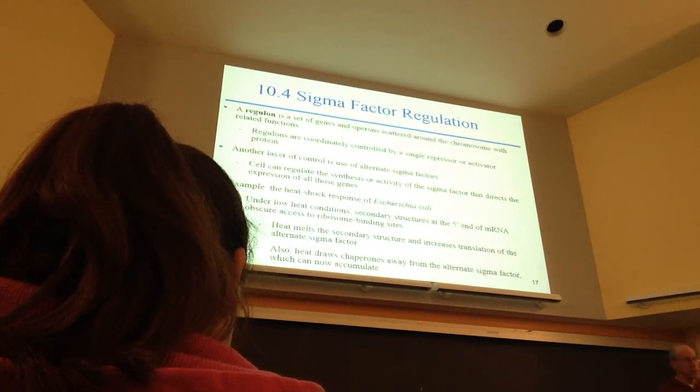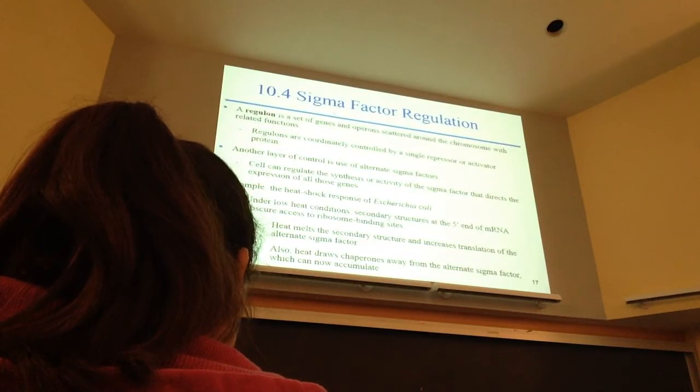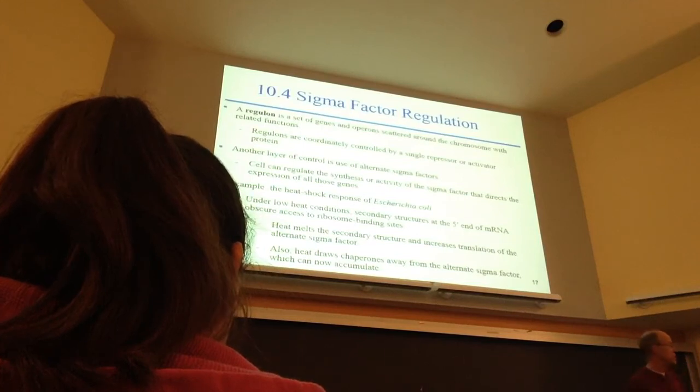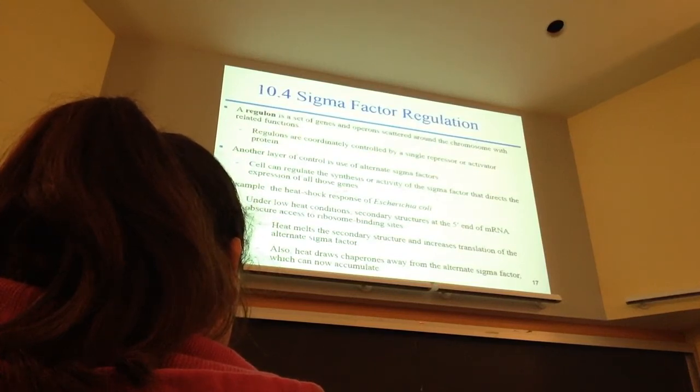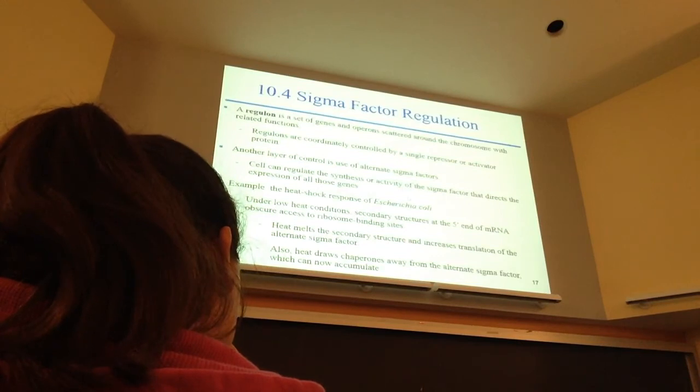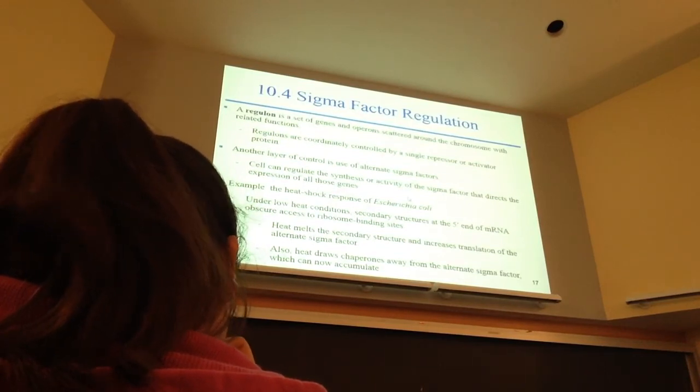So that is another layer or another type of regulation. We've talked about sigma factors, and we're bringing them back up in the context of regulating gene expression. And so cells can regulate the synthesis or activity of the sigma factor that then directs the expression of all those genes. And so sigma factors are also regulatory.